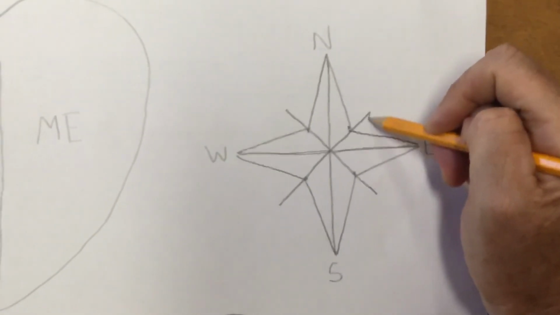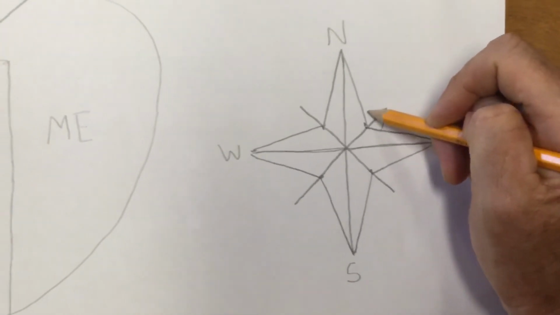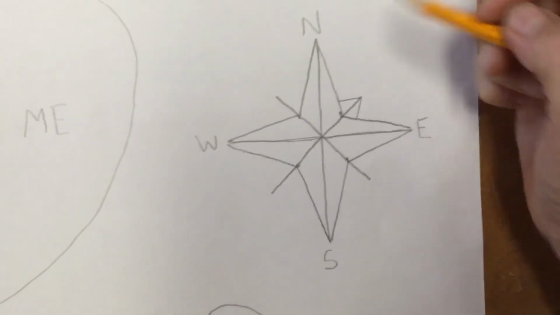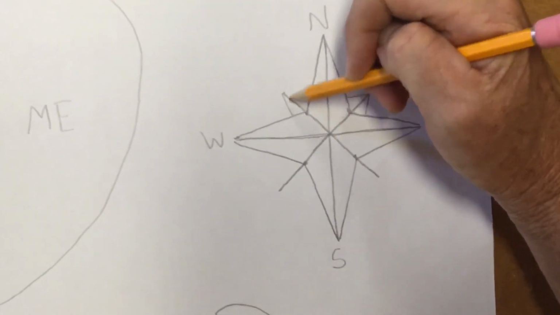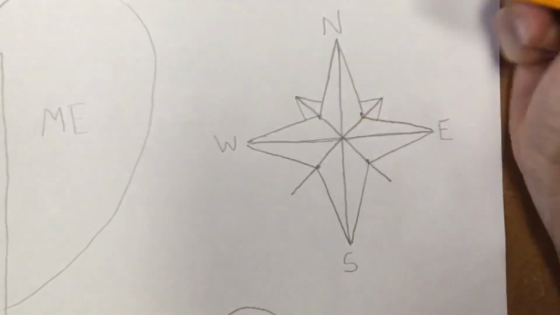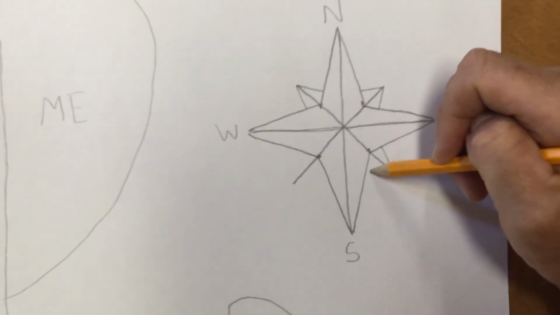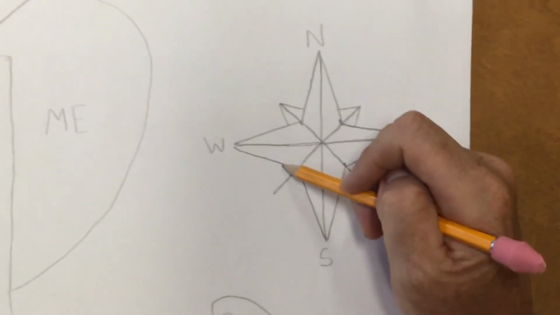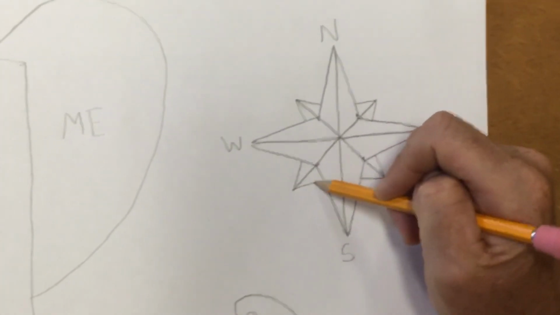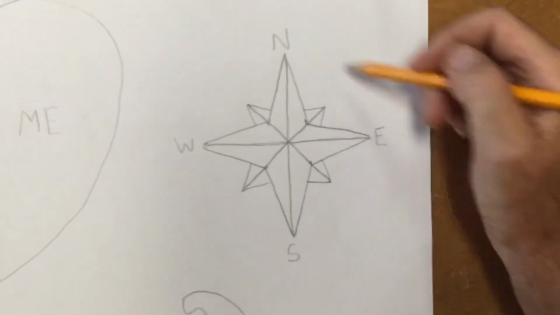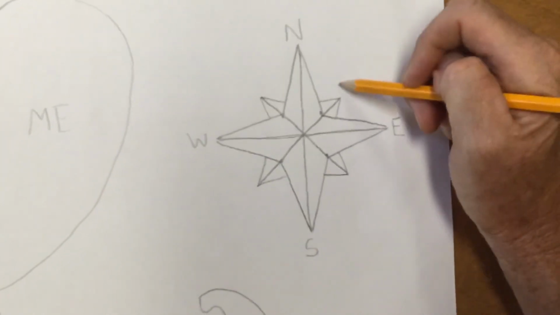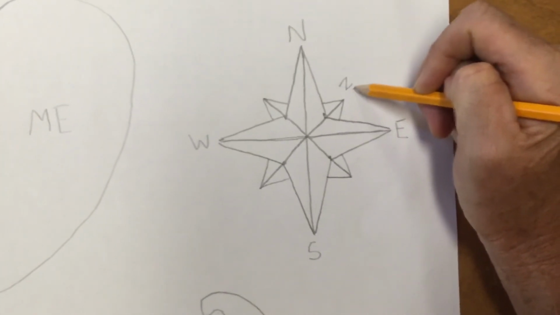That lets us make a little triangle like that, a little arrow shape. We can do that on all 4 points. Okay, one more here. Now, if this is north and this is east, in the middle would be northeast.